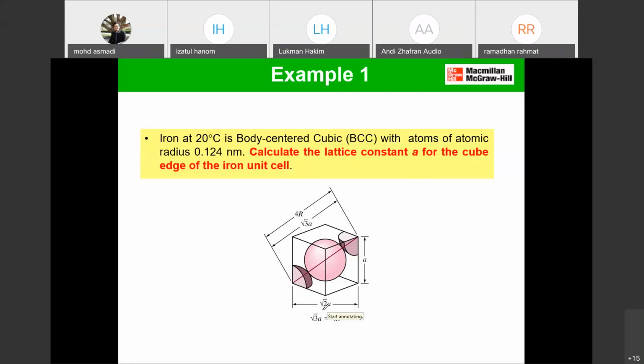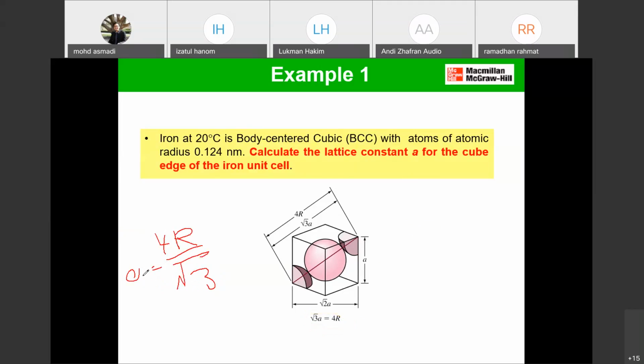So if you look here, just rearrange this equation. Once you rearrange the equation, you can get a relationship between A and R. A is equal to 4R divided by square root 3.